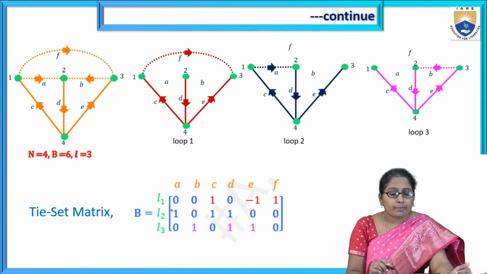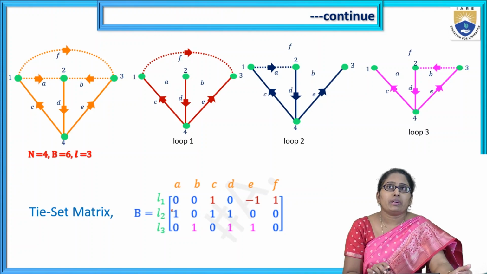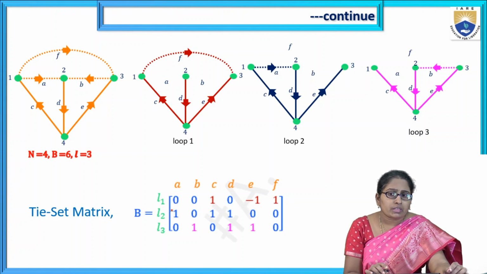Now, what is meant by a fundamental loop? It is in the name itself. For the considered tree, if we add a link, there will be a loop, and that is called a fundamental loop.